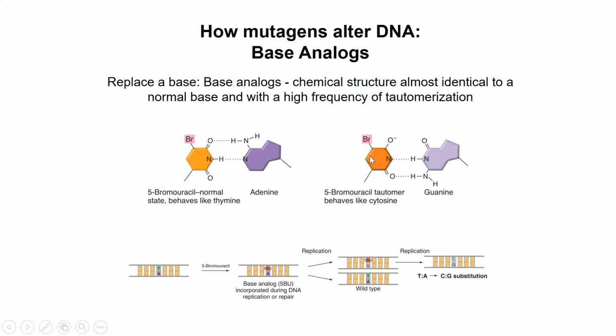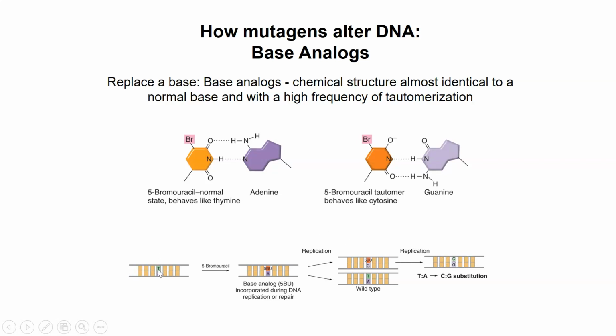And so if this is the form that's present during DNA replication, this 5-bromouracil tautomer form will result in the incorporation of a G opposite to the 5-bromouracil. Okay? So what will happen is eventually when this G strand goes through the next round of replication, DNA polymerase will incorporate a C opposite, okay?